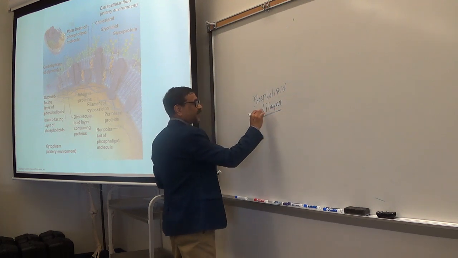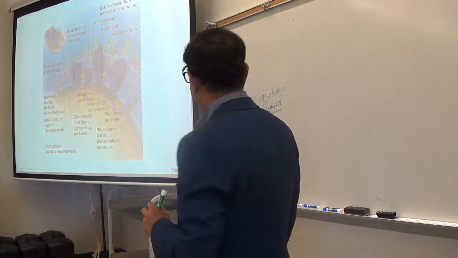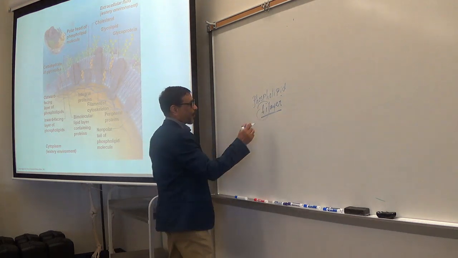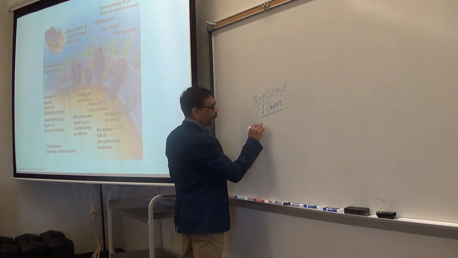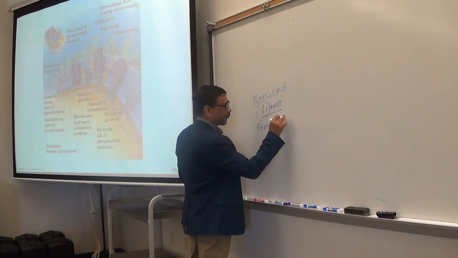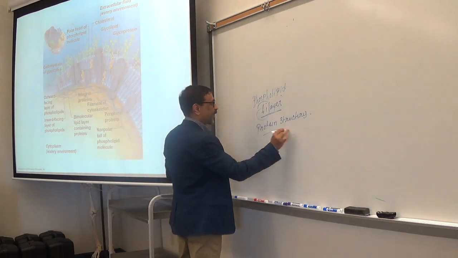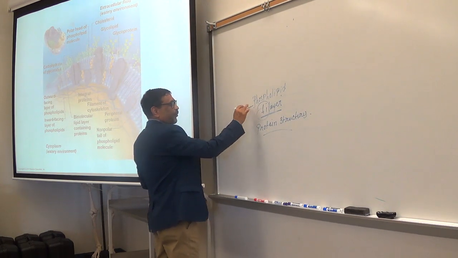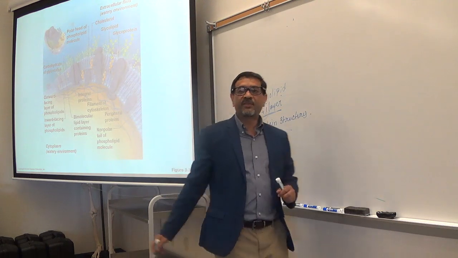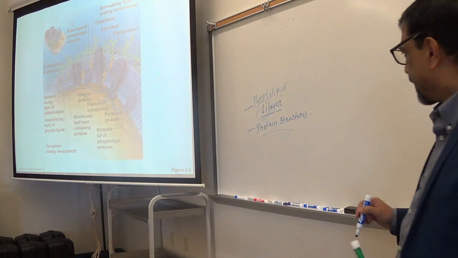That means bi means two, right? So two layers of phospholipid in which protein structures are embedded. Proteins. Structures are embedded. So phospholipid bilayer in which the proteins are inserted at different locations.